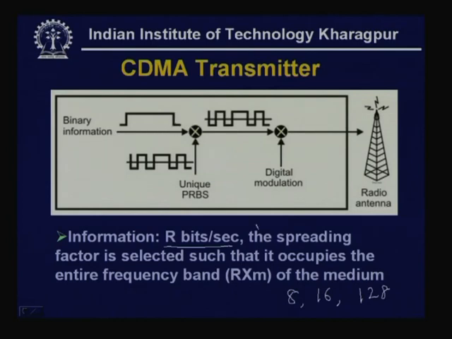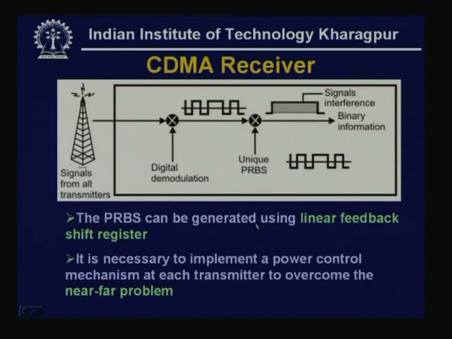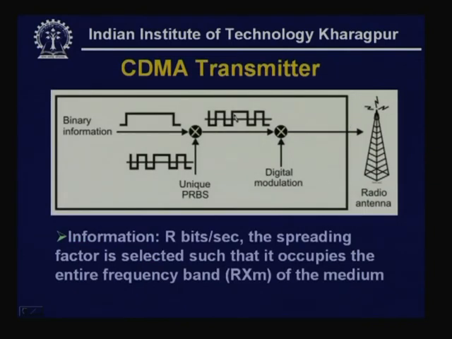Now, at the receiving end, signals from all the transmitters are being received by this antenna. Then the composite signal goes to the digital demodulator. This digital demodulator means that decoding is being performed, as you have seen in the case of digital modulation.